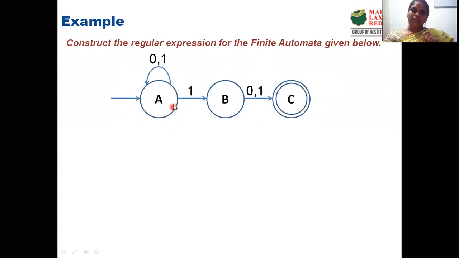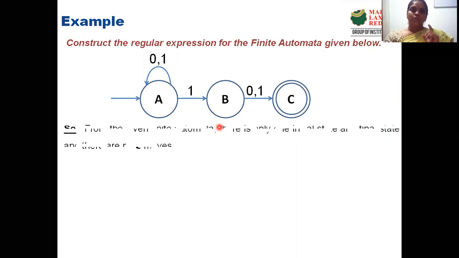State A has a transition upon 0 and 1, that means either 0 or 1. From state A there is a transition to state B, and from B we move on to C on the input symbol either 0 or 1 again. Now using the state elimination method, we'll convert this given finite automata into a regular expression.